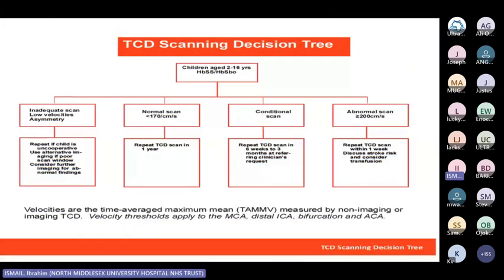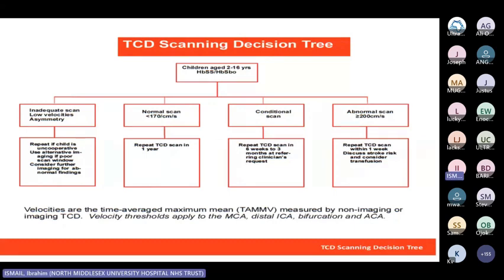There's a tree. So you get your child aged between 2 and 16 usually. If it's a normal scan, then you repeat the scan annually, on a yearly basis. And all of these decisions and parameters to follow for the diagnostic purposes of TCD are provided by the STOP trials.